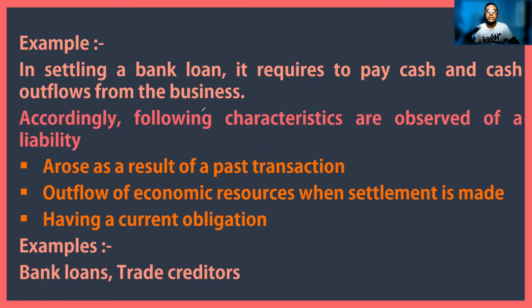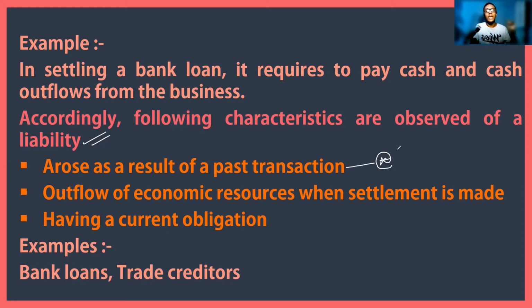Accordingly, the following characteristics are observed in a liability. Result of a past transaction, the same characteristic used to describe assets, so both arose as a result of past transactions. Second, outflow of economic resources when settlement is made. There will be an outflow of assets.